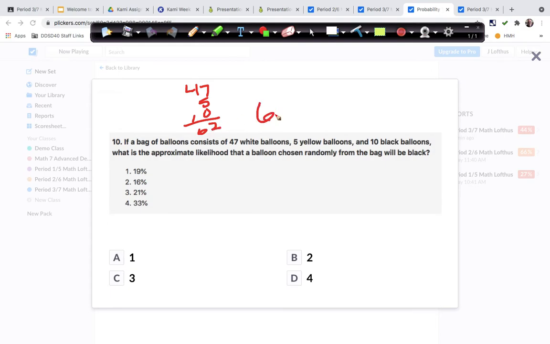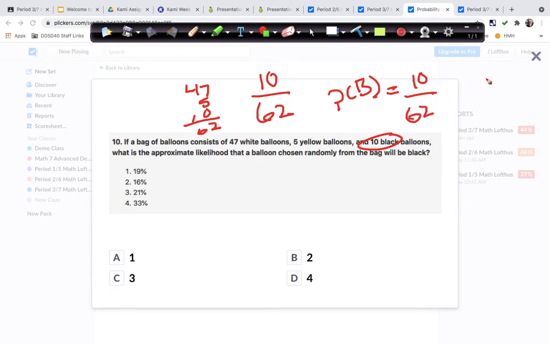So 62 is the whole, and this 10 is the part that is the winner. So remember probability. Probability of black equals how many black balloons, that's 10, by all of the possibilities, that's 62.